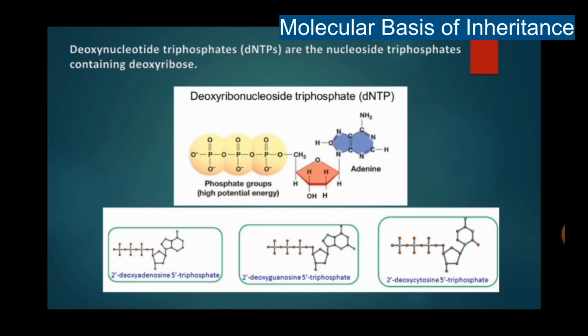So there are three important things for DNA replication. Let us repeat. First is the DNA, second is the enzymes, and third is the deoxyribonucleoside triphosphate. So let us now try to understand the exact process of replication.